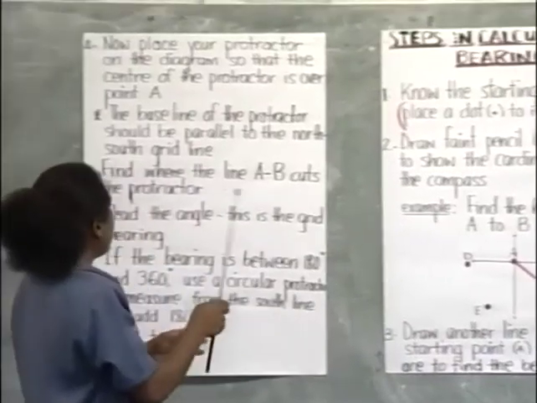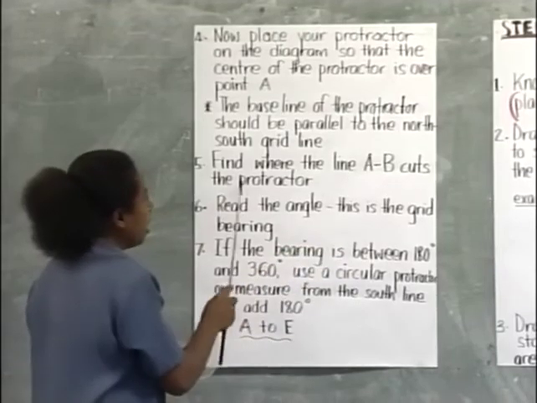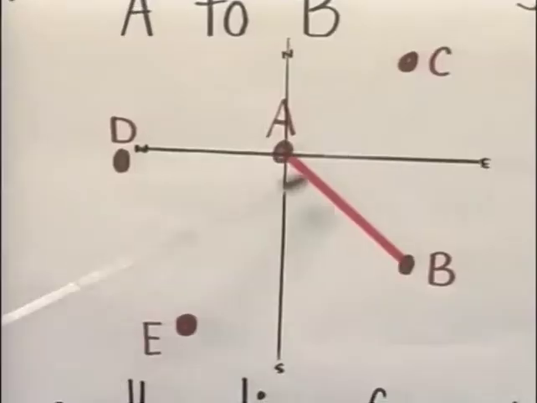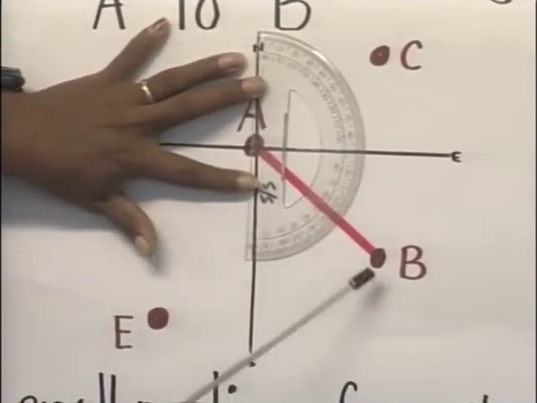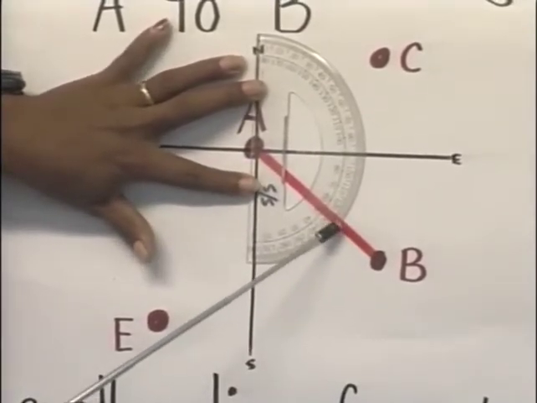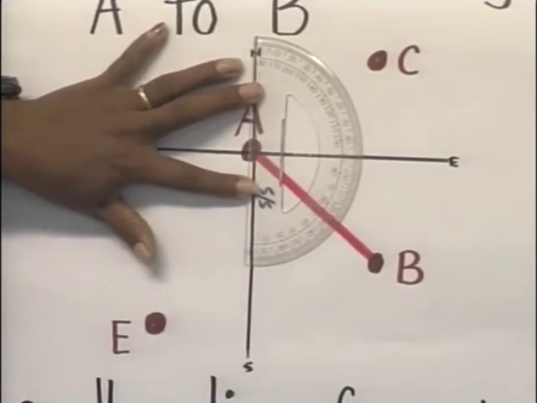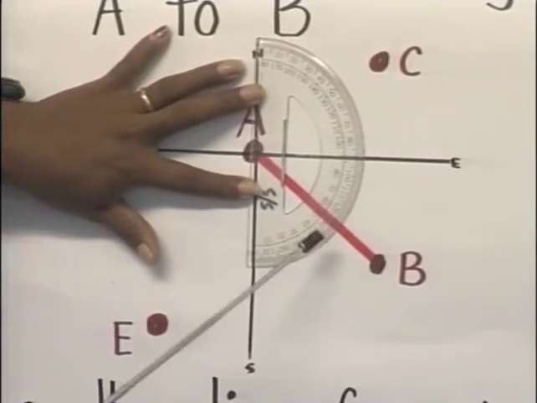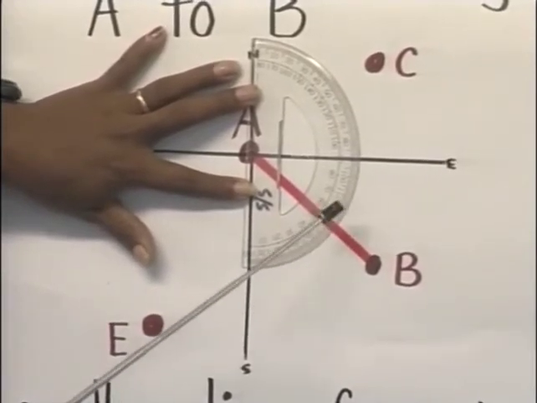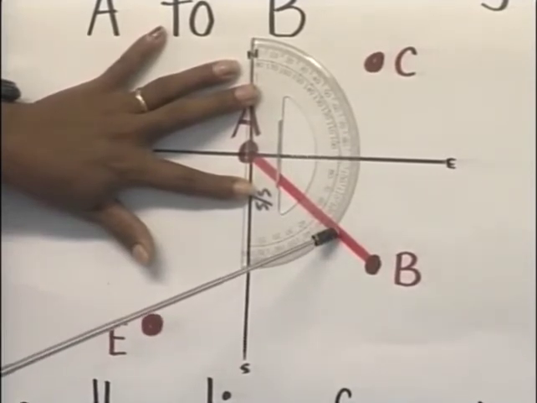Step number 5 then, I will check to see where the line A and B cuts the protractor. It's this line here. So if I place it there, that's line A and B. Where it cuts or meets the protractor, it's at this point here. Now I am able to read that angle. According to my information here, it is 129 degrees.